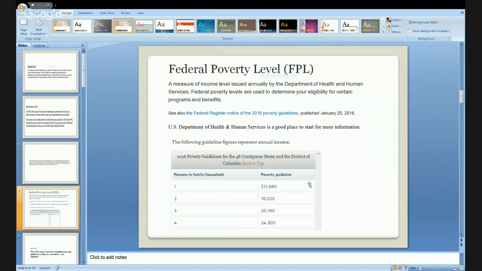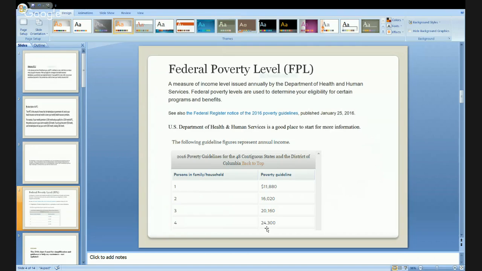For year 2016, the guidelines would tell you for a household size of 1, 100% of the federal poverty limit chart would be a modified gross income of $11,880 a year. For a household of 2, it goes up a little bit, all the way up to a household size of 4.